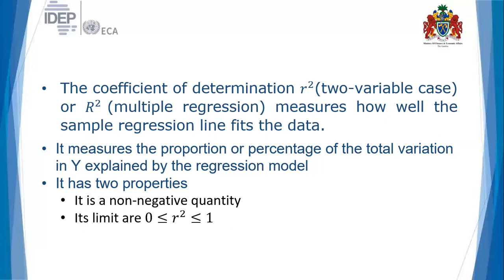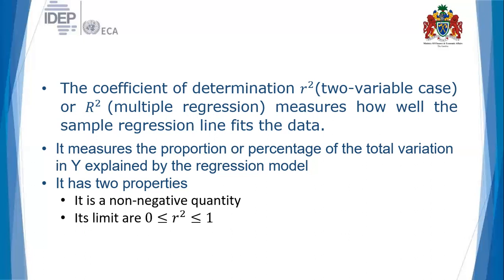To what extent do the variables included in the model explain the variation in the dependent variable? It measures the proportion or percentage of the total variation in Y explained by the regression model. So once we have run the linear regression model, the coefficient of determination helps us to make a judgment or decision.